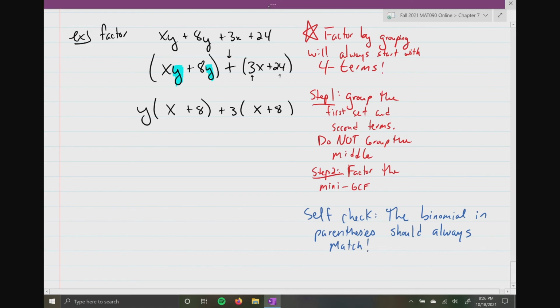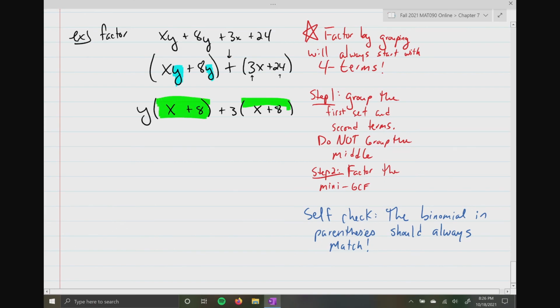Always. Now, you may be asking yourself, what in the world is he talking about? Look right here. X plus 8 and x plus 8. If you get the same thing in both sets of parentheses, you're doing it right. And that's an awesome thing. You actually have a self-check built into this method.